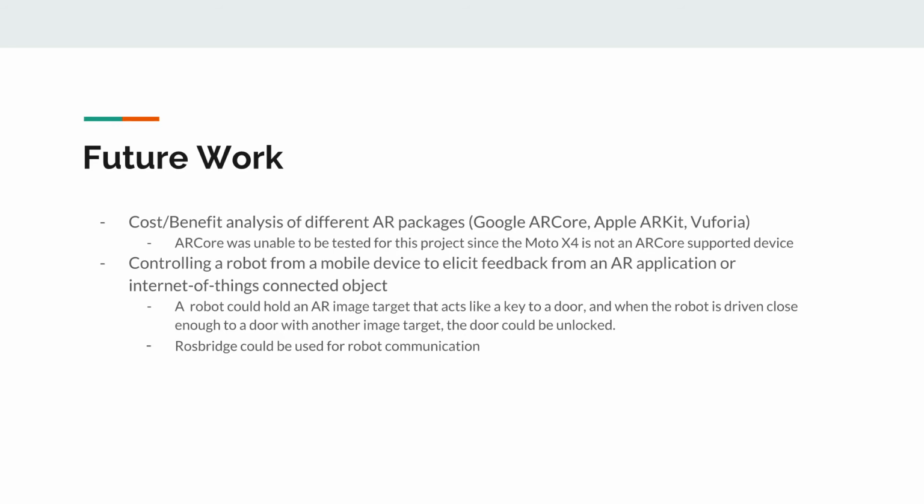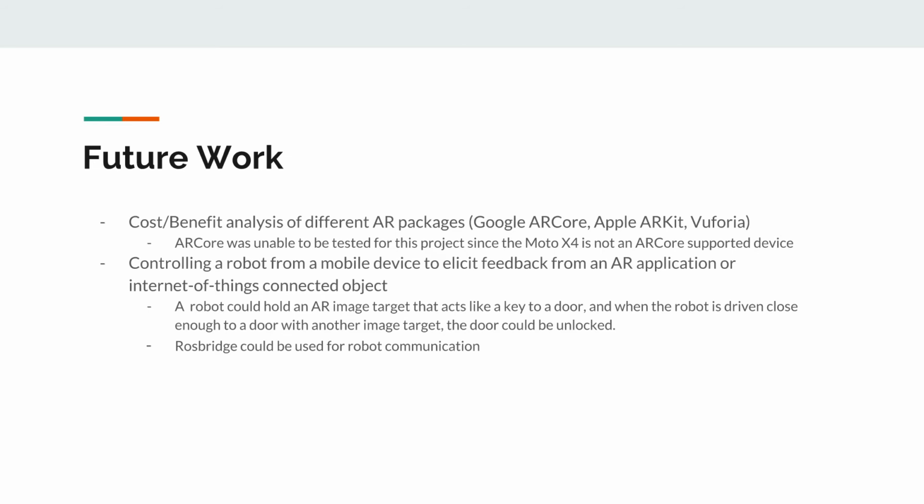Controlling a robot from a mobile device could also be useful research to perform. This sort of thing could be used, for example, to move a robot with an AR image to a door, and it could maybe act like a key and unlock it.